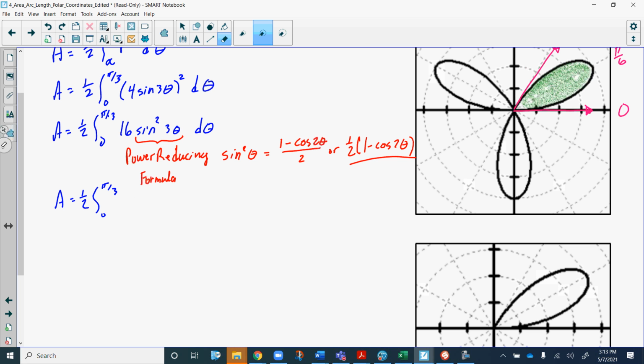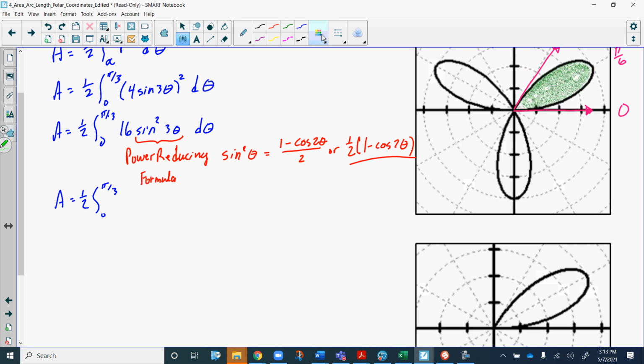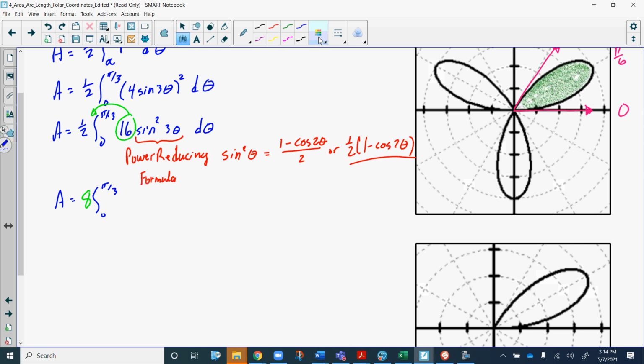Let me go to another color real quick. I'm going to pull this 16 out as a constant. So instead of 1/2, I'm going to say half of 16, which in this case will be an 8. Now I can just focus on the sine squared of theta stuff in the integral.